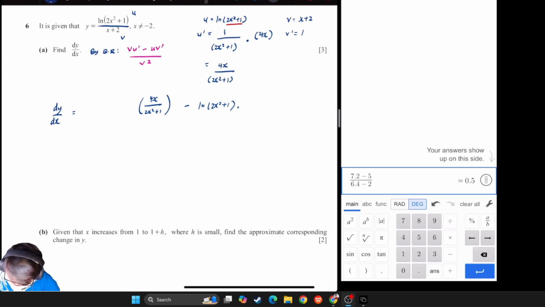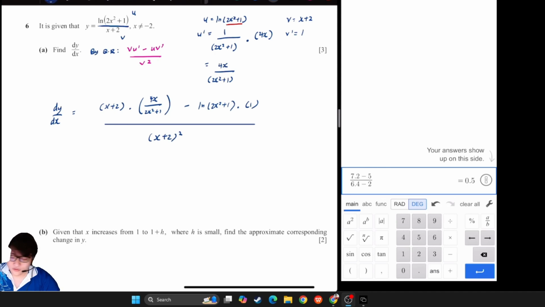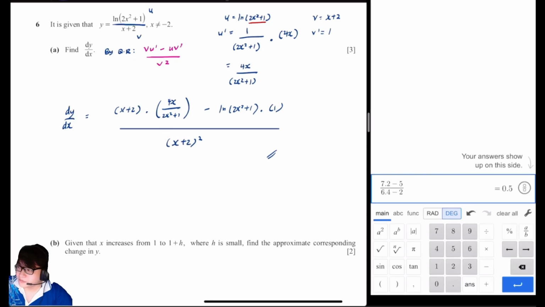So that would be x plus 2, my bad. And then multiply by 1 over the whole (x plus 2) squared. They don't require you to simplify this, so you might as well just leave your answer like this. If they don't request it, don't waste your time. I believe you can't simplify this any further. So this will be it.